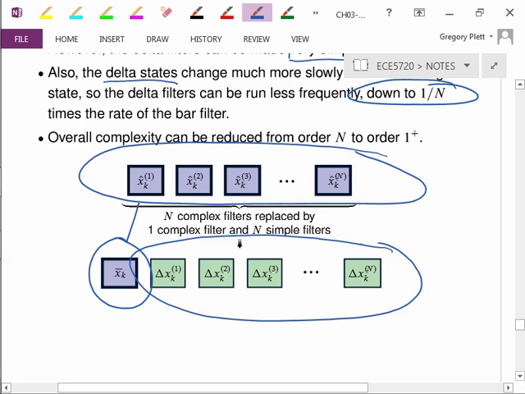I might update half of them every time, or a quarter, or even only one of them at every point in time. And so you could say that if this has complexity 1, 1, 1, 1, this is overall complexity n, I'm replacing that with something that's complexity 1 plus a little bit, if I update only one of these delta filters at a time. That's the idea. Big picture.